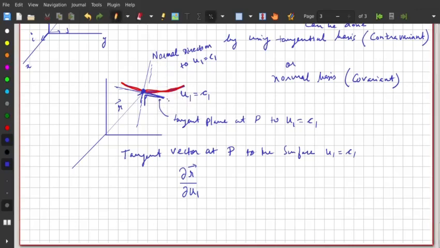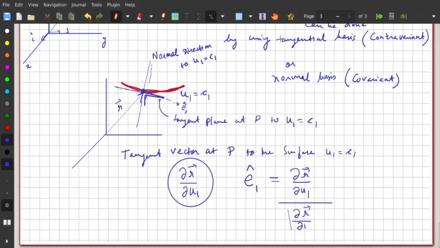In this direction, the unit vector we are calling e1 hat. So the unit vector in that tangential direction is e1 hat, which is del r del u1 divided by its magnitude.